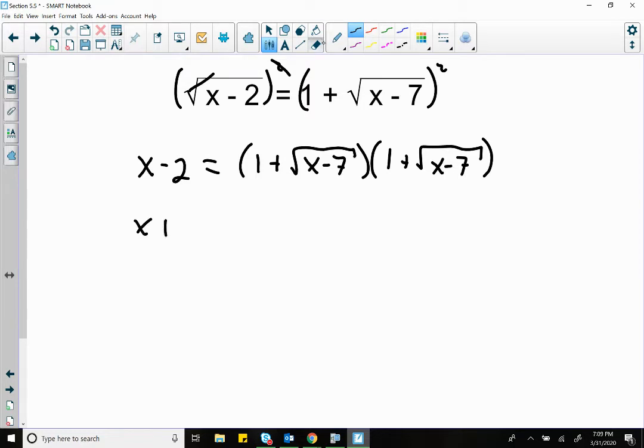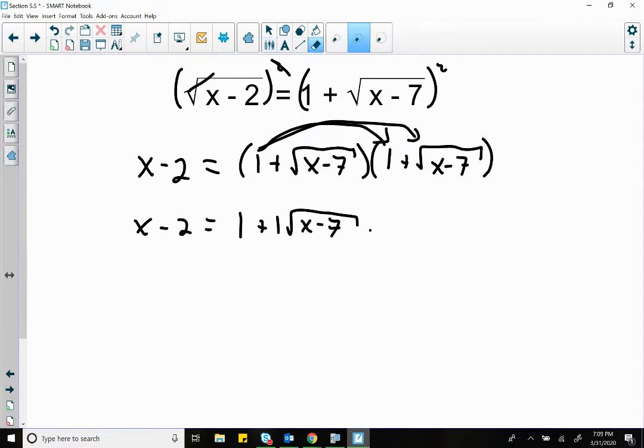So we've got x minus 2. So we FOIL. 1 times 1 is 1. 1 times the square root of x minus 7 gives us 1 square root of x minus 7. Because again, that's a number, that's a radical. They don't really multiply each other. They just go together.